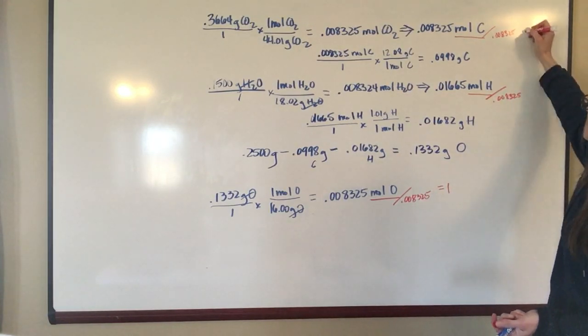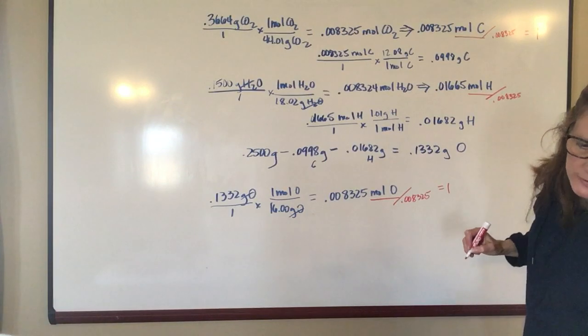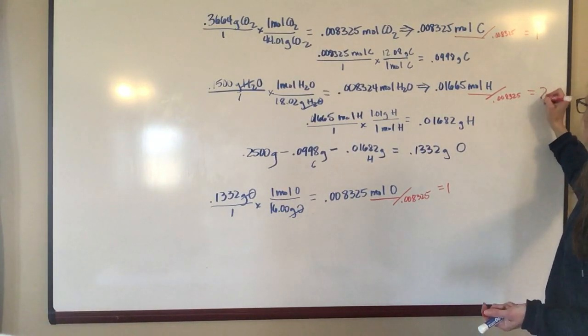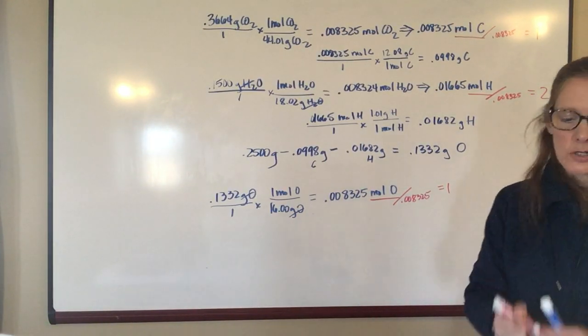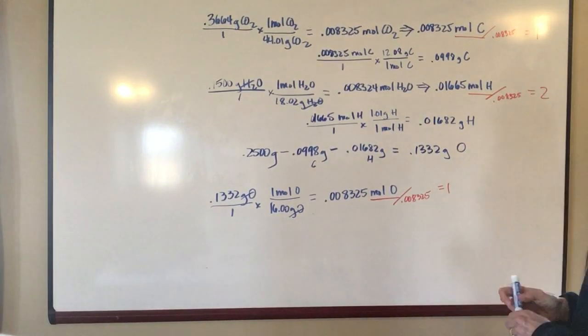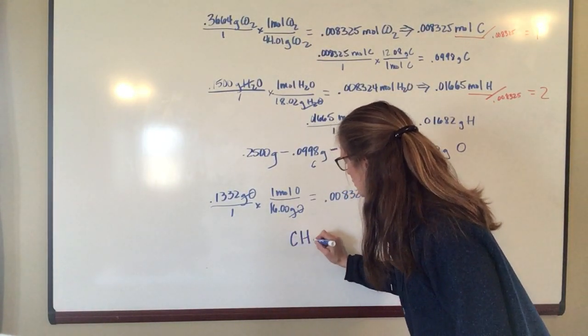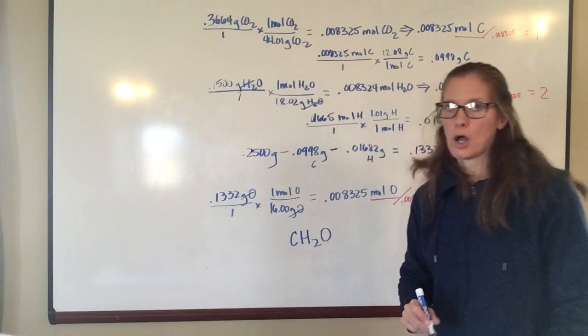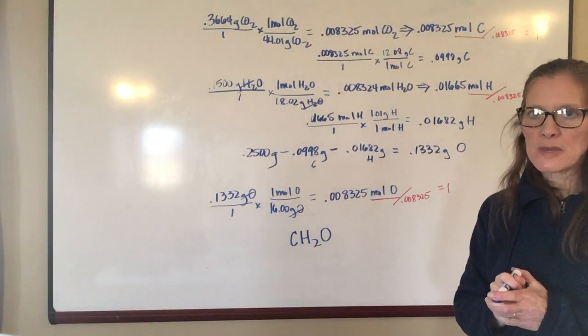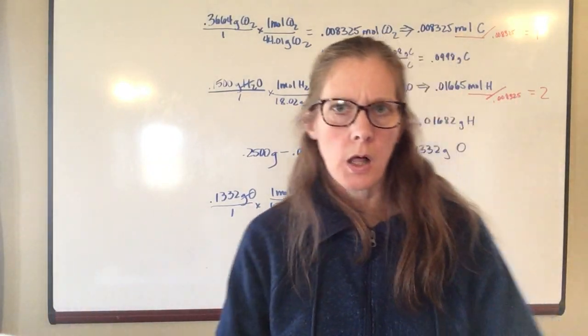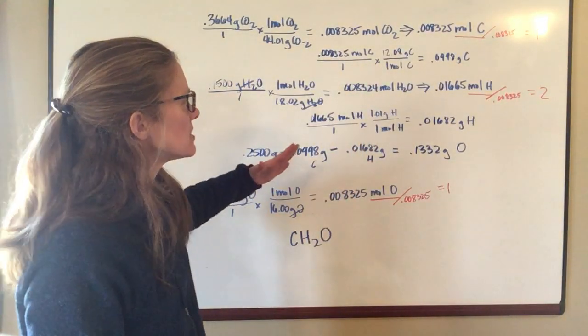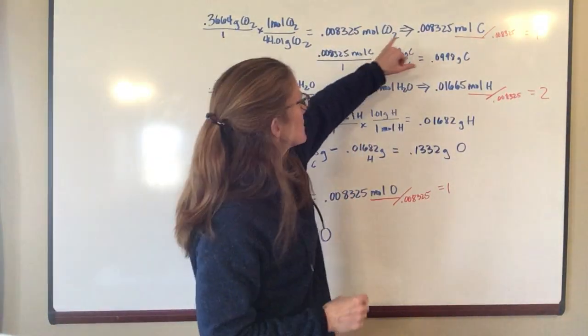This gives me 1, that gives me 1, and this will give me 2. So the simplest whole number ratio is going to be CH2O.